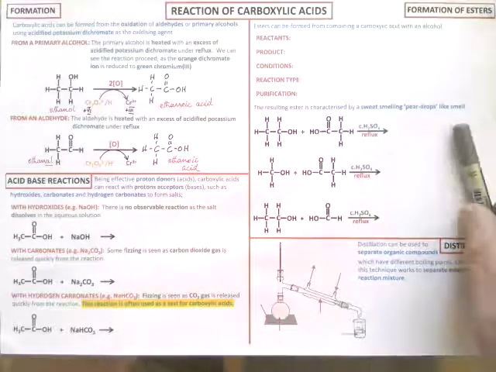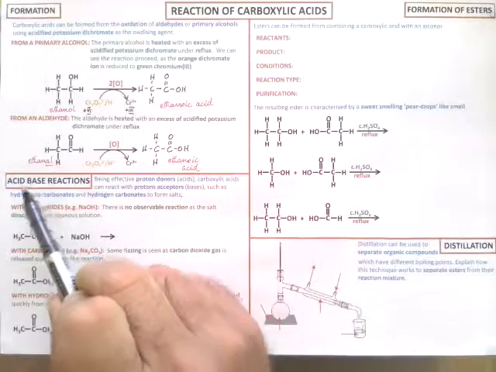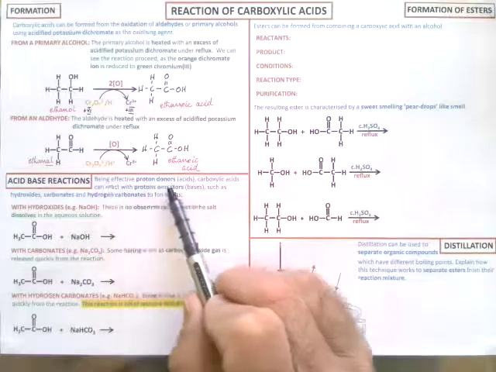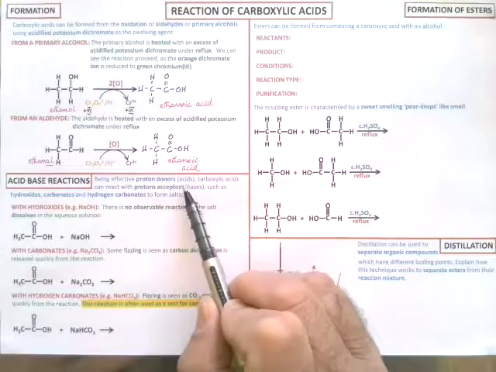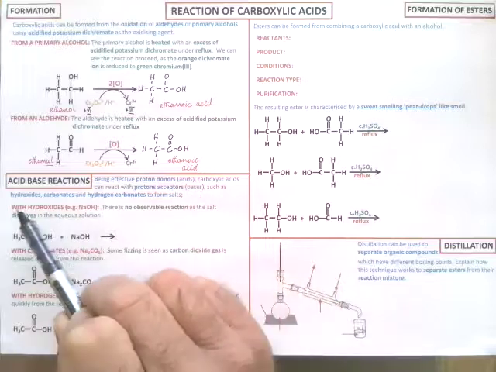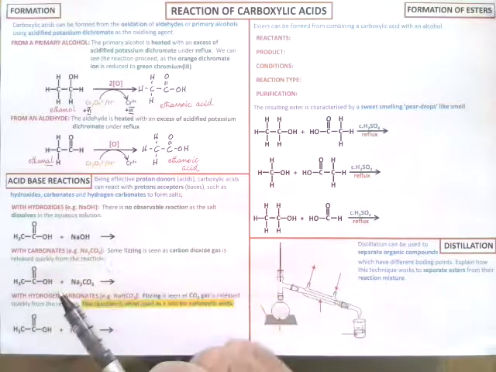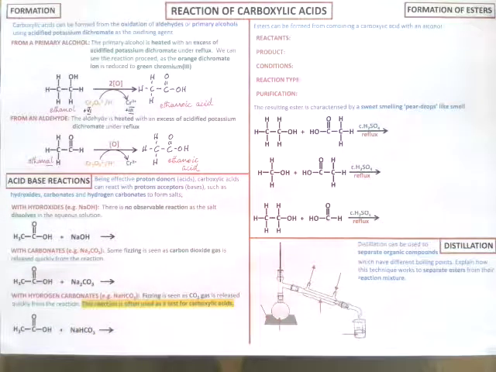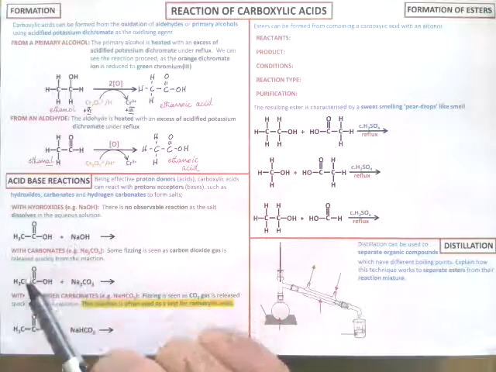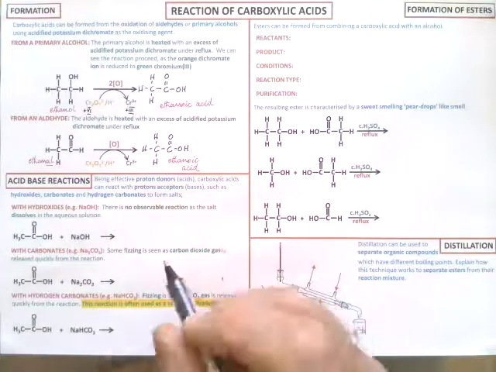Once we've formed them, what can we do with them? Well, because they're acids, we can carry out acid-base reactions with them. So being effective proton donors, that's what acids are, carboxylic acids can react with proton acceptors, bases, such as hydroxides, carbonates, and hydrogen carbonates. And we'll have a look at an example of each of those here. So with sodium hydroxide, so there's our base, there's our acid, we're going to form a salt and water.